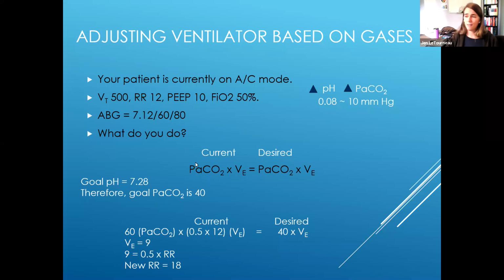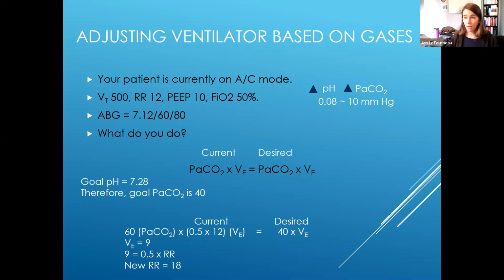So what you do is really easy algebra. You take your current PCO2 times the current minute ventilation, and then you solve for your desired PCO2 and desired minute ventilation. A pH of 7.12 is a little too low. In animal models, when your pH dropped below 7.25, the animals lost sensitivity to exogenous catecholamines.